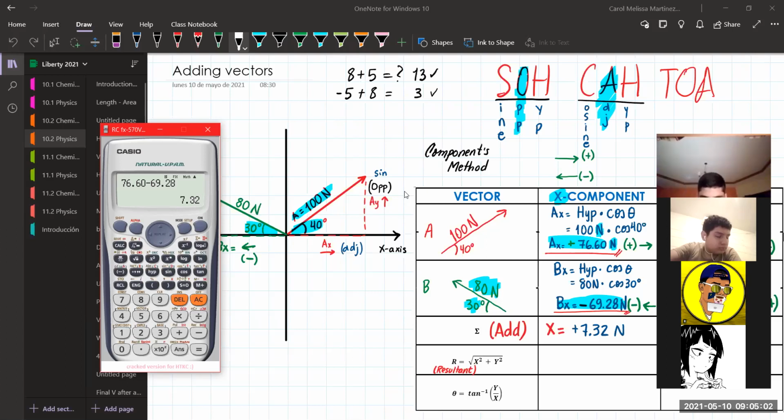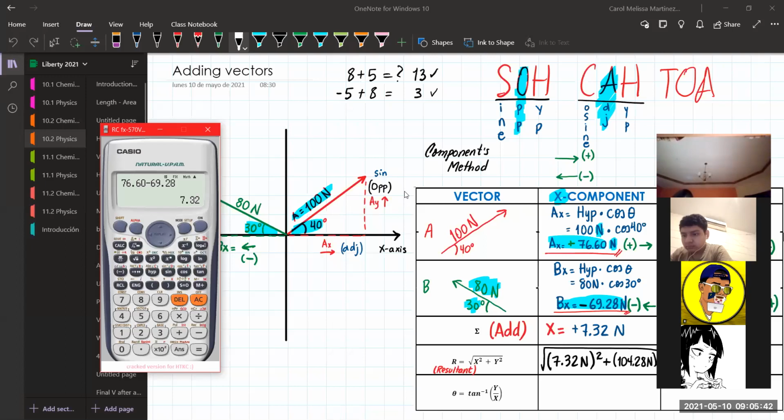So how do we do it? Applying the formula that you see over there. Now take a look. X and Y are here, okay? Those are the X and Y that you have to use. So in the formula, it's going to be the square root of X, that is 7.32 newtons, raised to the second power, plus Y, that is 104.28 newtons, raised to the second power.